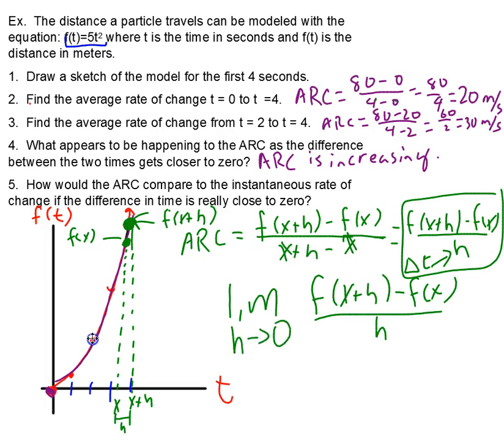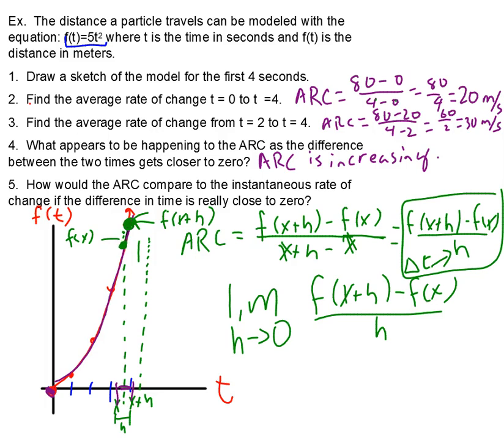Well, wait a minute. As h approaches 0, if the gap between these 2 points is 0, wouldn't this green point right here turn into this green point? Wouldn't it be 1 point?